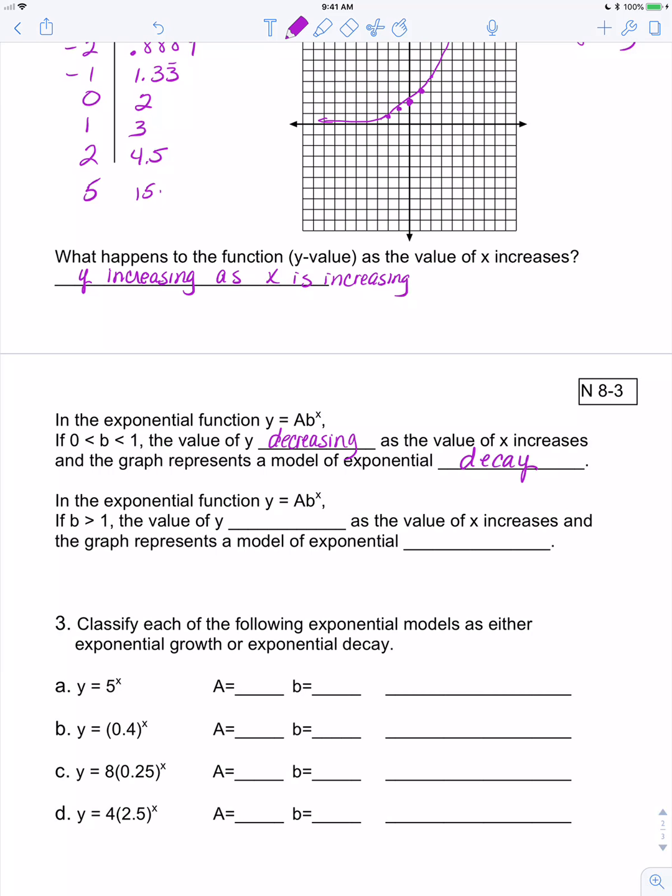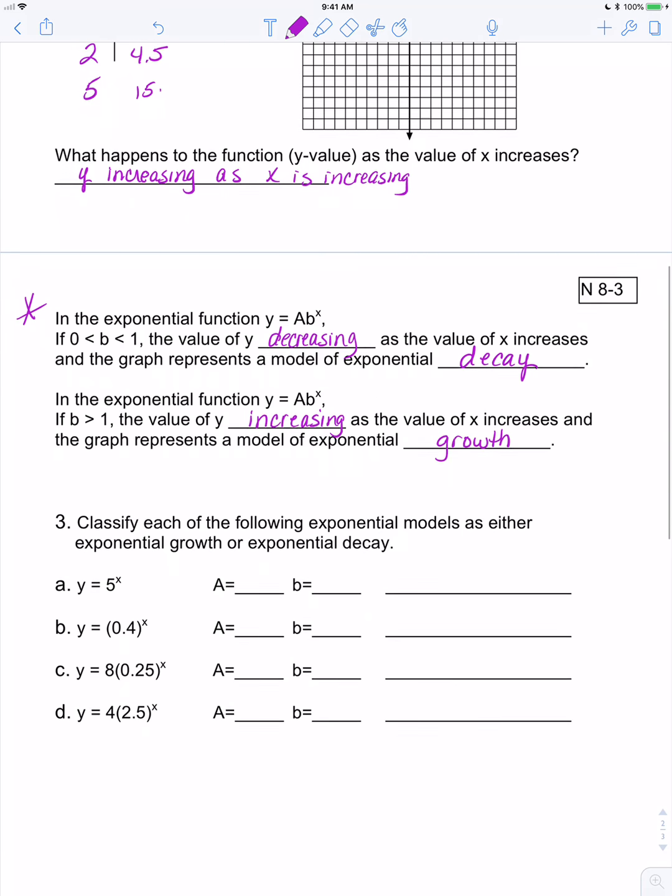Okay, if it's greater than 1, the value of y is increasing as the value of x is increasing, and the graph represents a model of exponential growth. Okay, so those are two key things to remember about exponential growth: what that b is doing.